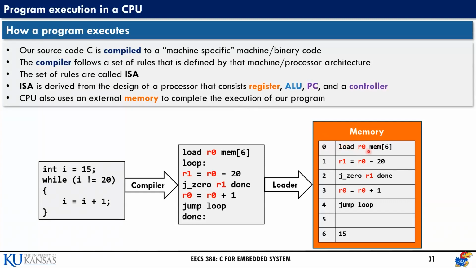This is basically binary, but I just wrote it in assembly format to read it easily. But in memory, this is all binary, for example 0, 1, 0, 1, all the way to a 32-bit binary number. And we know how the register of a CPU tries to access these instructions and execute them over and over and finish executing our whole program.